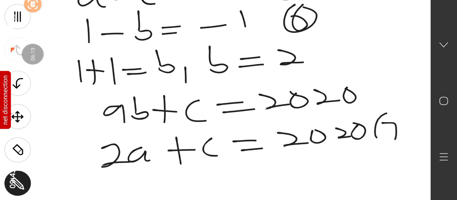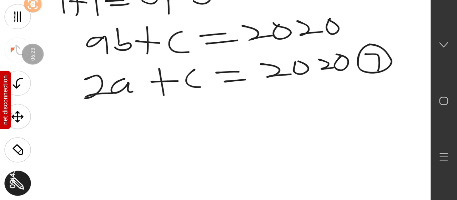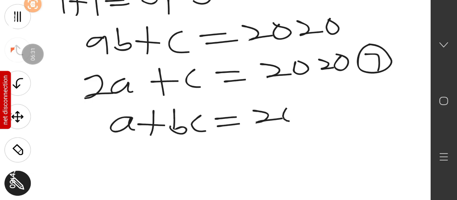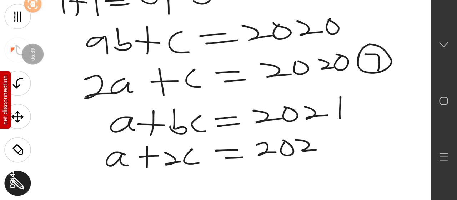Call this equation 7. Now let's put B equals 2 into equation 2. Equation 2 is A plus BC equals 2021, so when you put B equals 2 here, you have A plus 2C equals 2021.